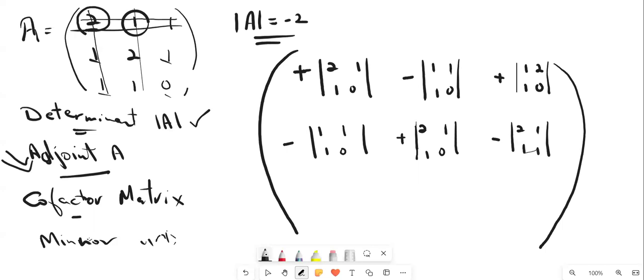And the last three of them, we go back to plus: 1, 3, 2, 1.